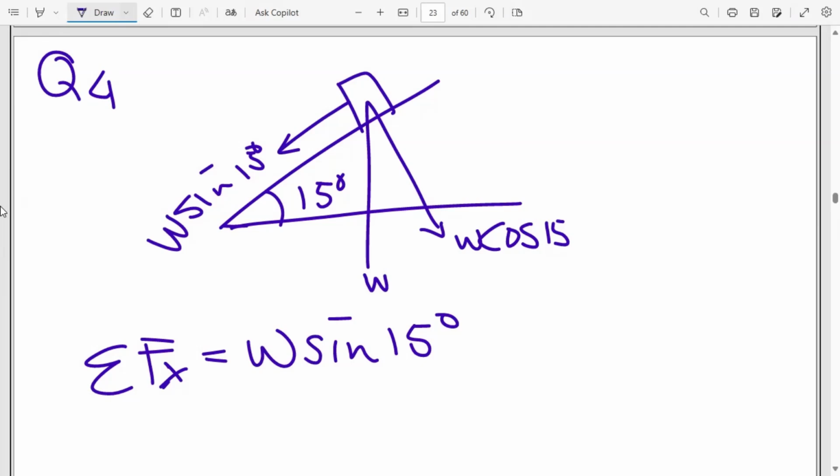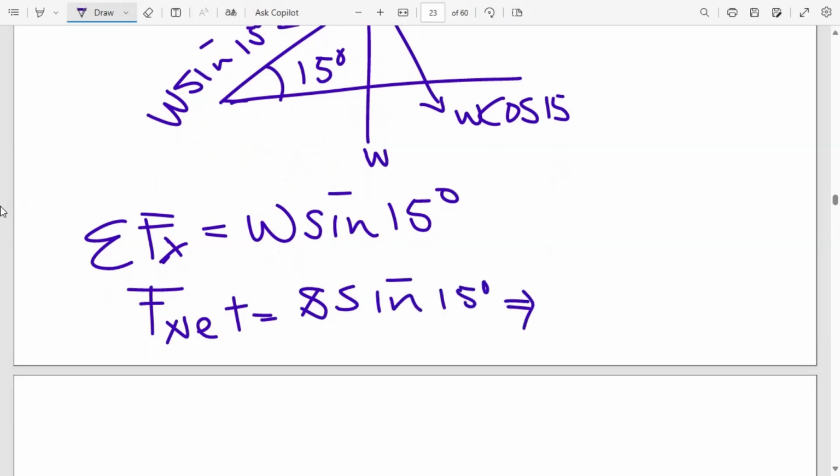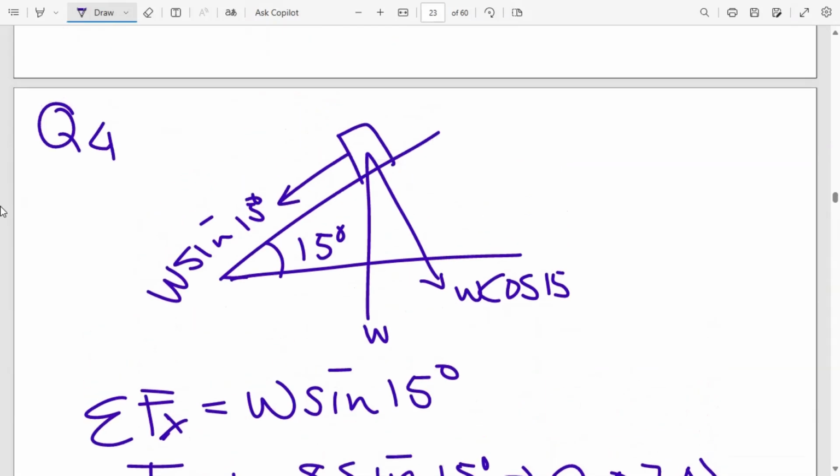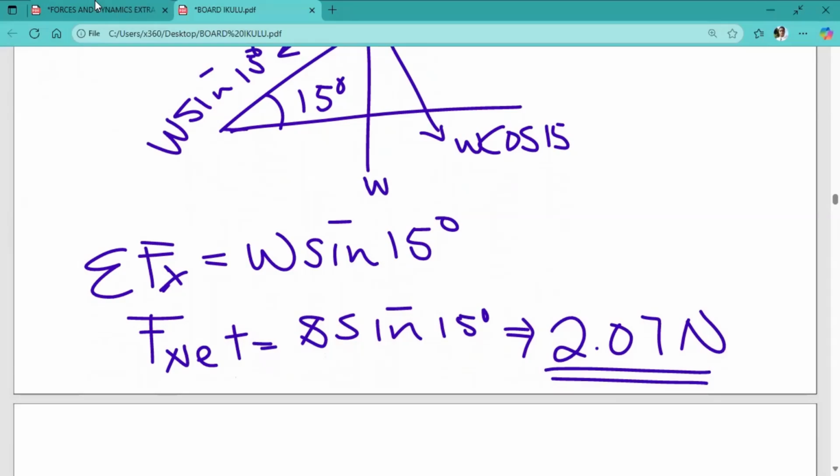So that is the net force that is causing the acceleration. So I'll say my F net will be equal to 8 sine 15 degrees, which is giving me a value of 2.07 newtons. 2.07 newtons is the net force that is acting on the block and causing it to accelerate down the incline. Just like that, we are done with question 4.